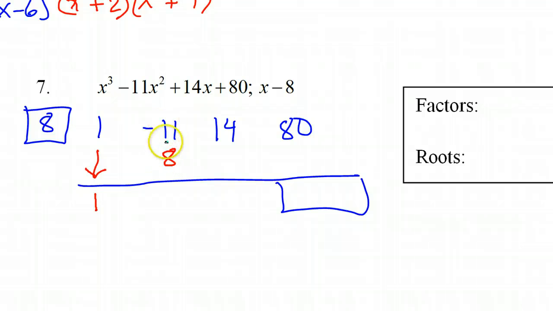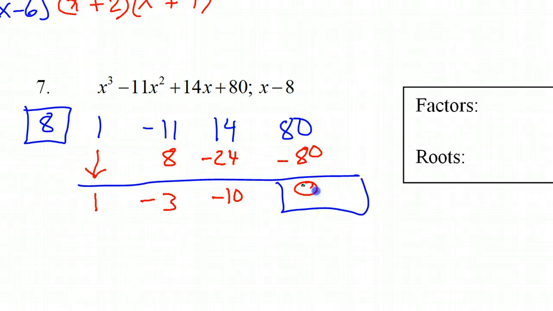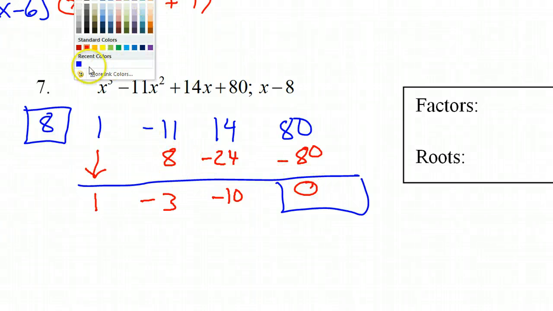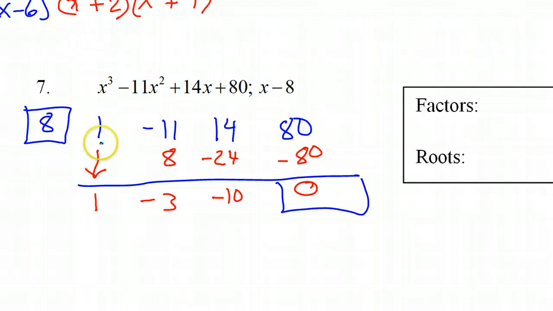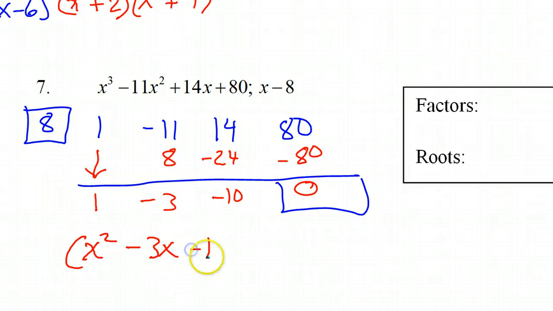Times 8 is 8. That's going to be negative 3. Multiply, you get negative 24. Put these together, that's negative 10. Negative 10 times 8 is negative 80, which of course makes 0. Turning this back into a trinomial is going to give me x squared minus 3x minus 10.